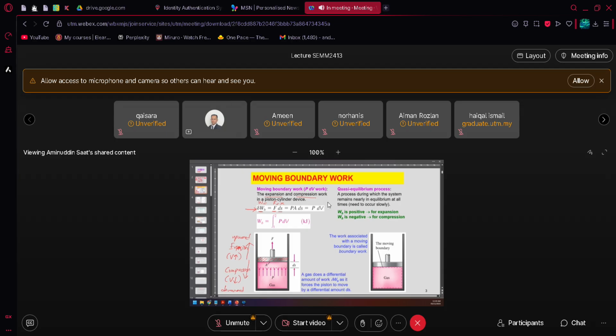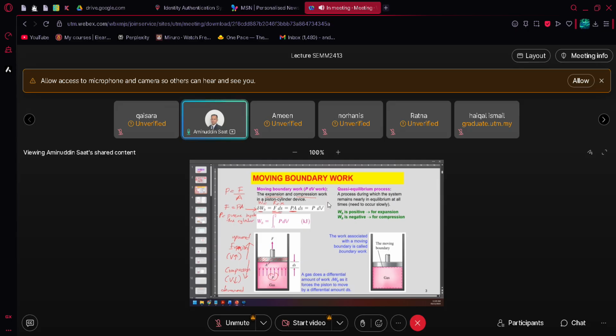Okay. And from this equation, you can represent the force. You know that pressure equals force divided by A, so force equals P times A. P is basically the pressure inside the cylinder, or the piston cylinder.